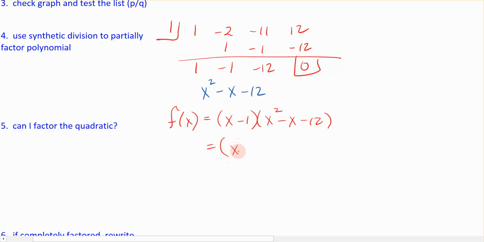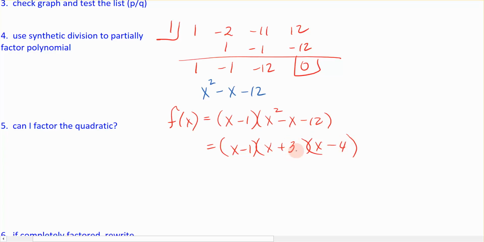So I have x minus 1, and I just use trial and error on this. I know that this trinomial breaks up into an x and an x. This second sign tells me I have to have both a positive and negative. So what are the factors of 12 that subtract to give me 1? And that will be a minus 4 plus 3.